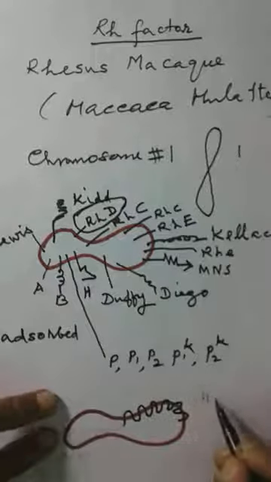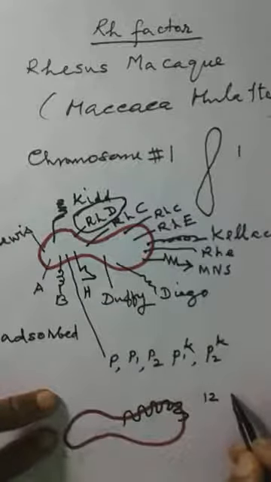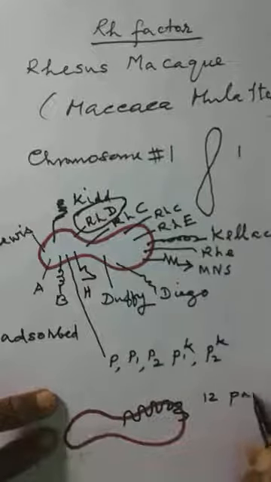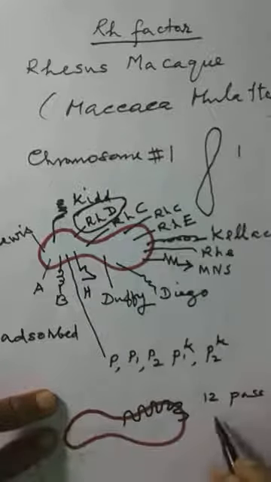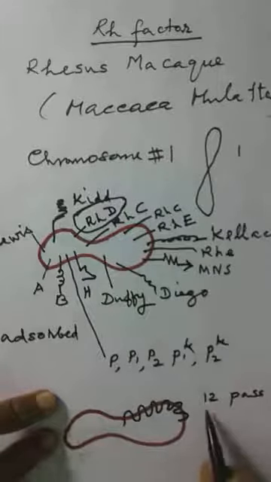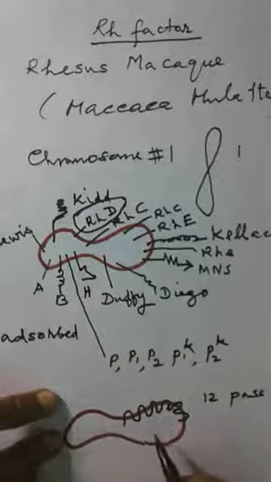So this is called a 12 pass protein. So RH is a 12 pass protein.